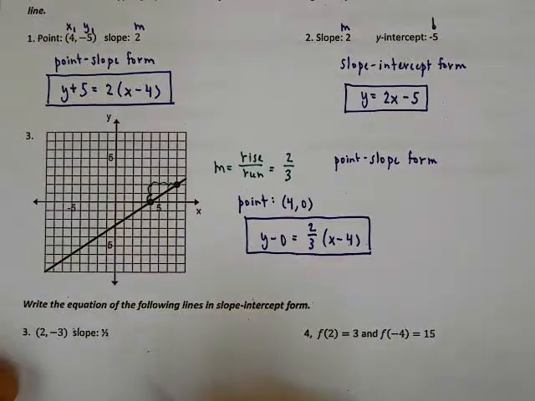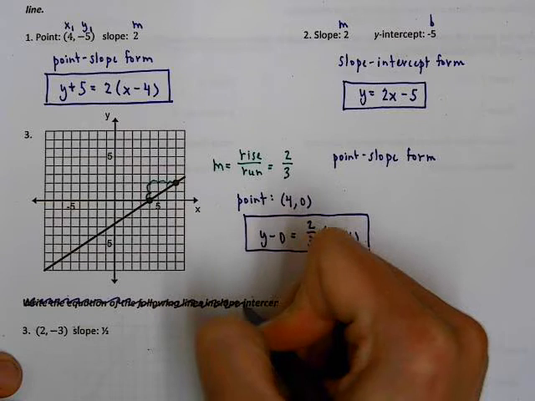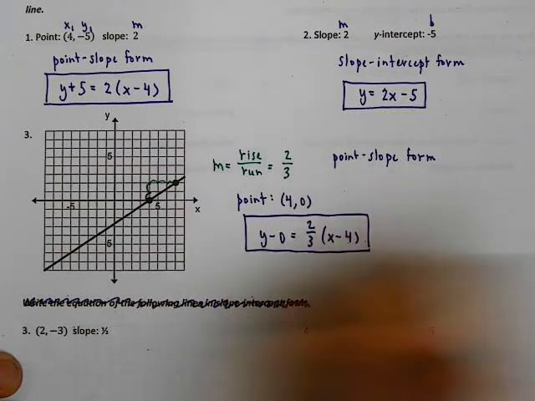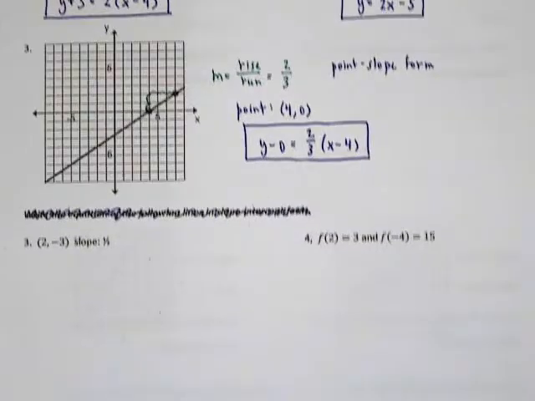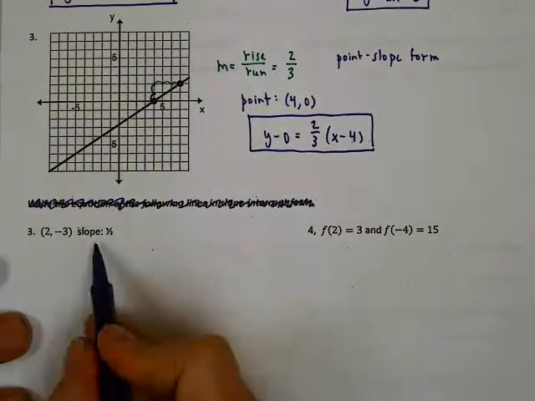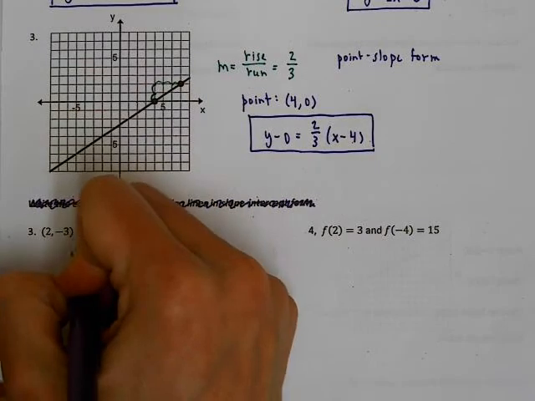All right, I want to keep using the same directions, because we're really focusing on, can you decide which form to use? So here we have a point and a slope. Again, as soon as I hear point slope, that makes me think point slope form.